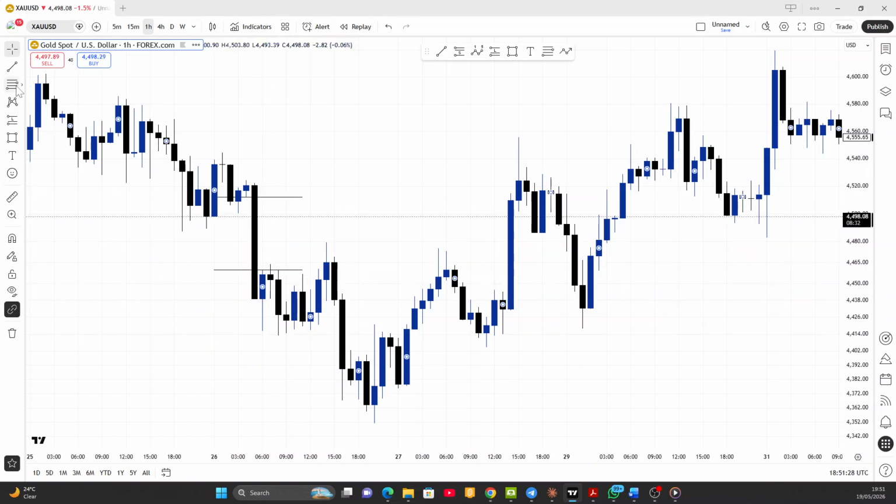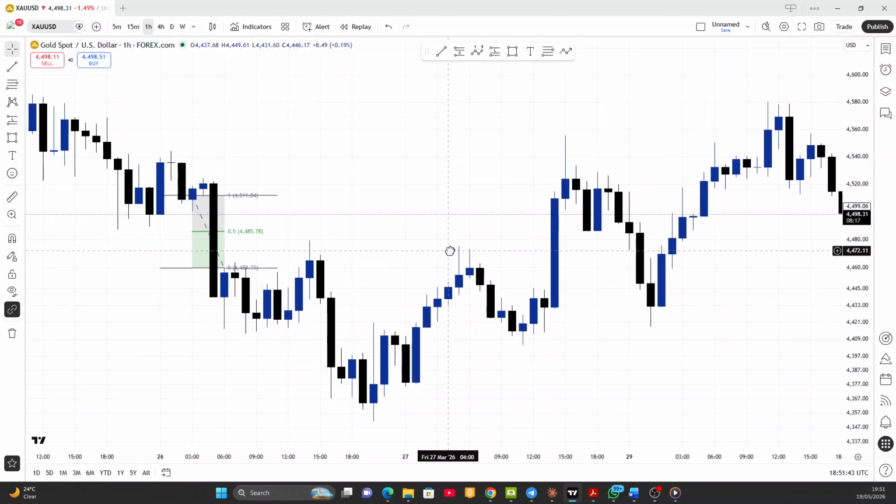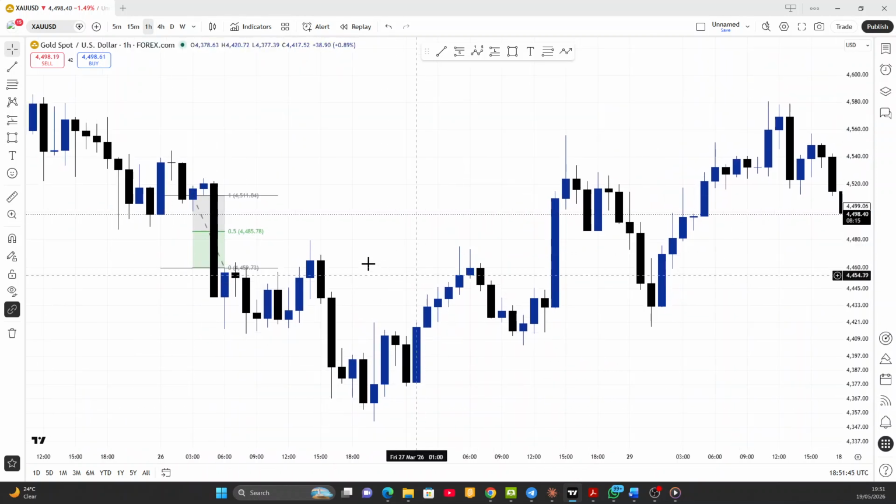And then using our Fibonacci retracement tool, we mark it from this point down to this point. All right, so it gives us our 50% level, and then all we need to do is to wait patiently for price to retrace back into this 50% level.